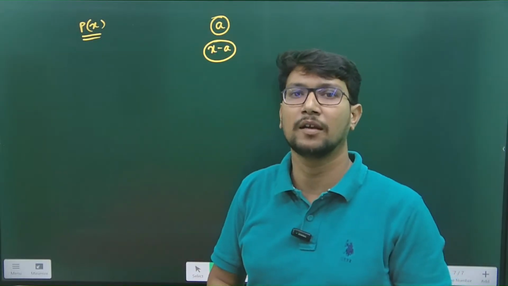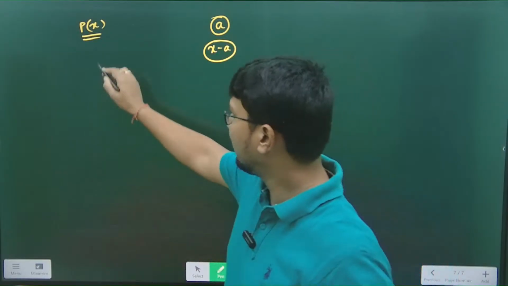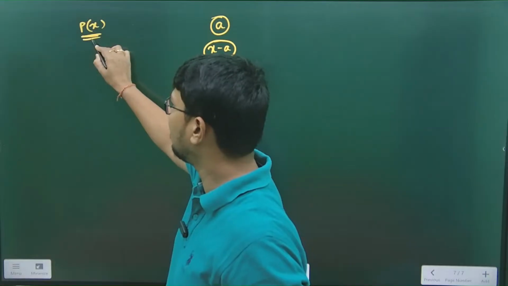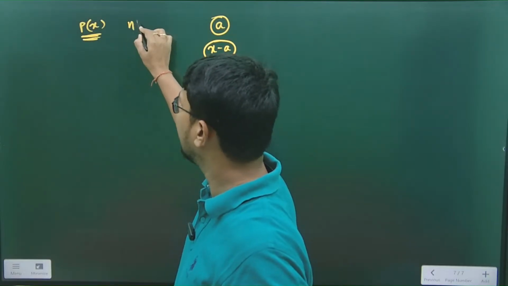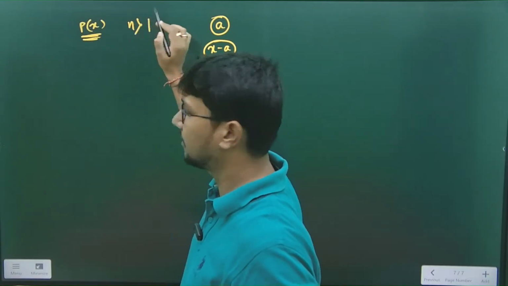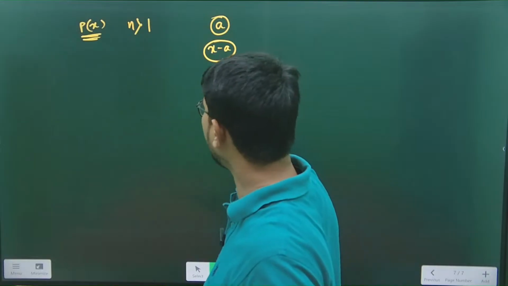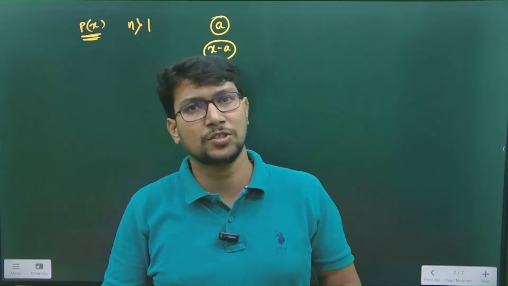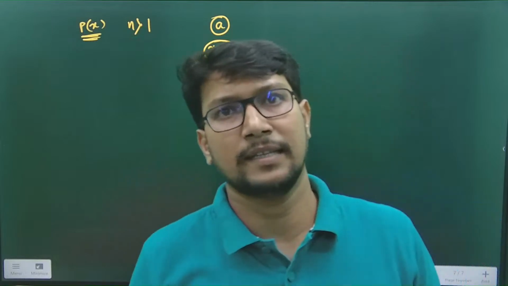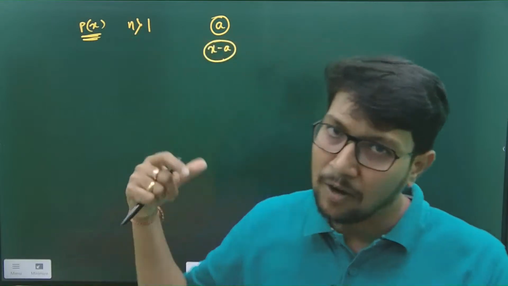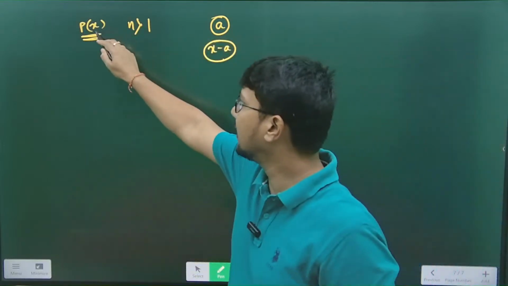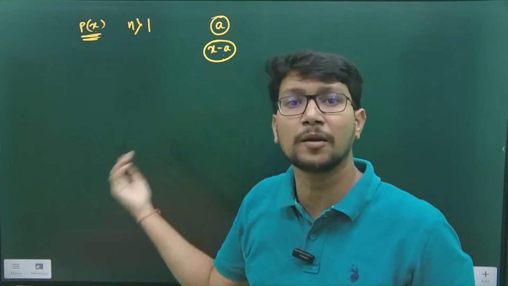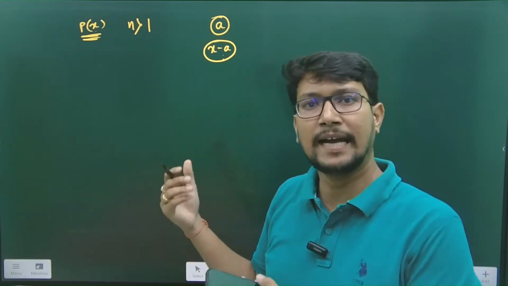Linear polynomial means when a polynomial P of X whose degree n is greater than 1 is divided by X minus A, if we get 0 as the remainder, then that is the factor theorem. Whenever we divide by X minus A, if the remainder is 0, then that is the factor theorem.